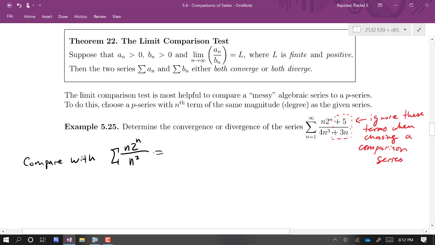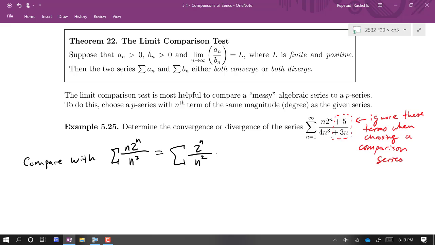And in fact, even this one we can simplify, right? n over n cubed means I could cancel an n, and I've got an n squared in the bottom. So I'm going to compare this to the series 2^n over n squared.